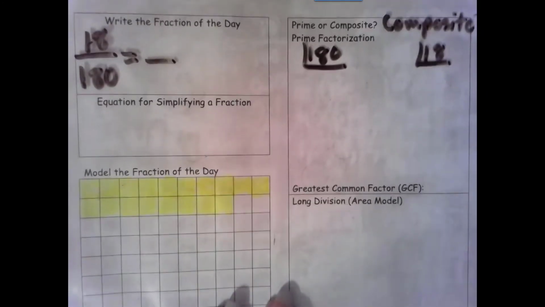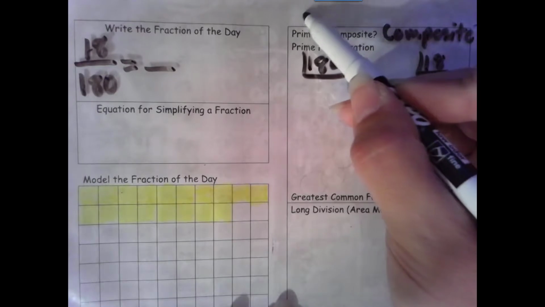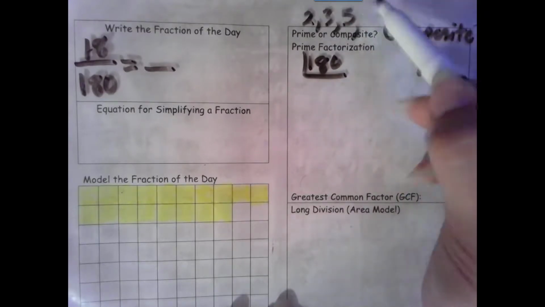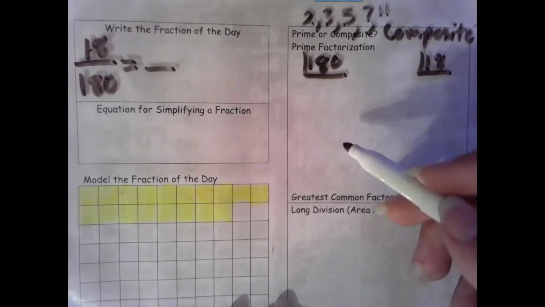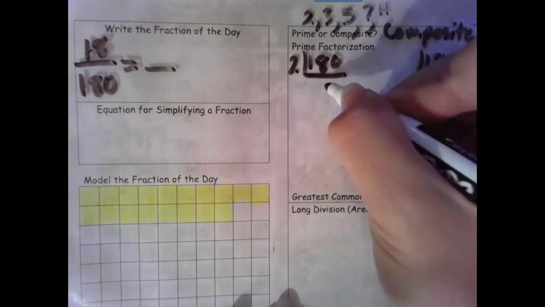Okay, so I'm going to use my prime numbers. If you've forgotten what they are, you can always put down your first 5 primes. They're right on the other side of the page. But 2, 3, 5, 7, 11. We'll start with those to help us out. So for 180, it's even, so I can divide by 2.